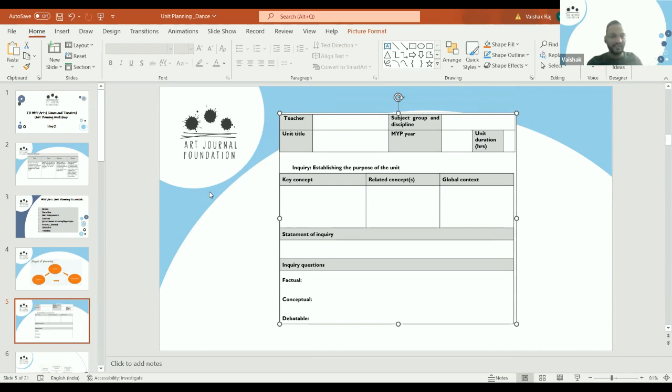For example, I've just taken one of my units, that is dance in the contemporary world. So that's the unit title that I've given. You can give any different title. Just give a title. I would like to hear some of the titles that you use. Just give a unit title. You can share in the chat box, or you can unmute and share.